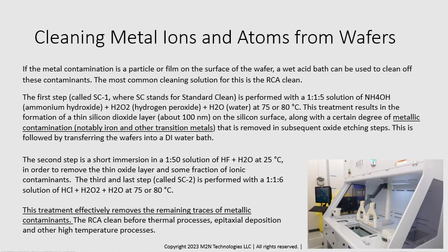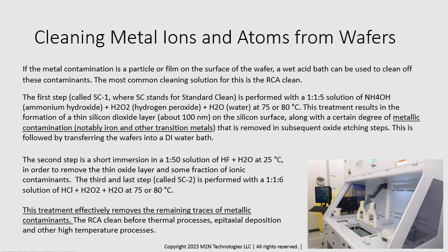There were also a number of really interesting and very functional cleans, the most famous of which is called the RCA clean, and it can clear away alkali metals that cause CMOS gate issues, as well as transition metals, which would cause these emitter-collector pipes or diode leakage. I encourage you to dig into that, but typically these solutions are like an ammonium hydroxide, hydrogen peroxide hot liquid that will do some thermal oxidation of the surface, which will trap the metals in the oxide surface layer, almost like a native oxide layer.